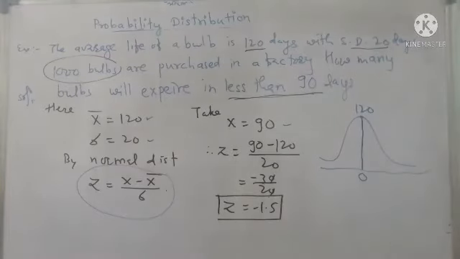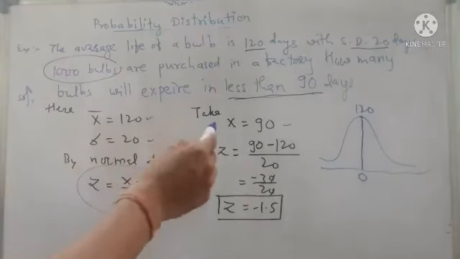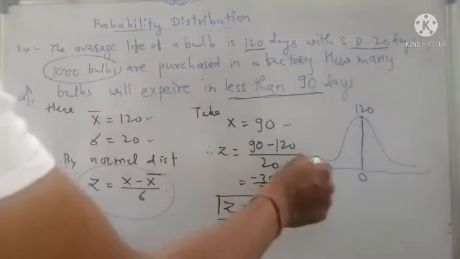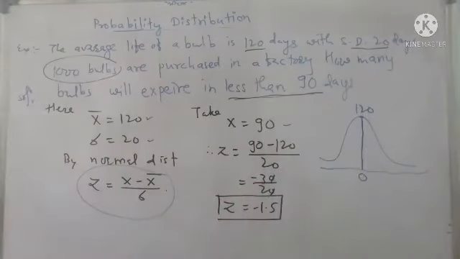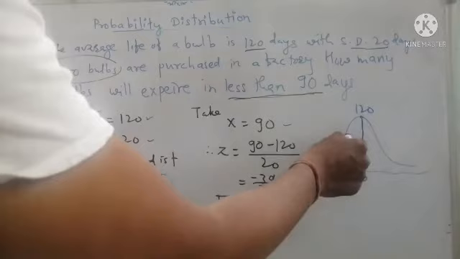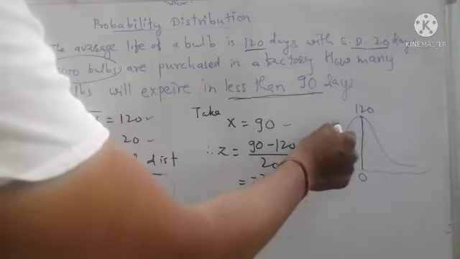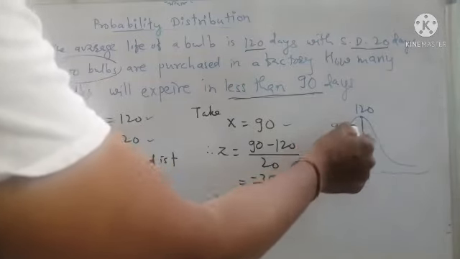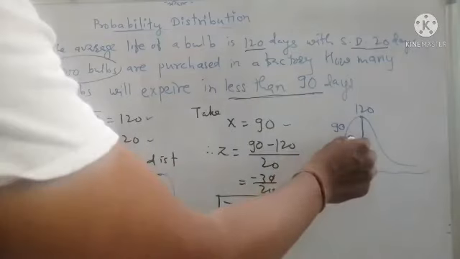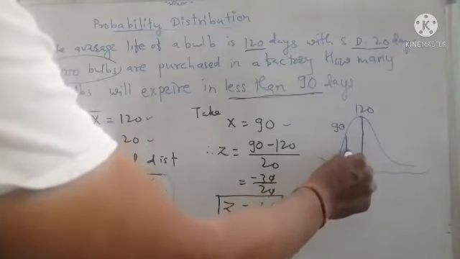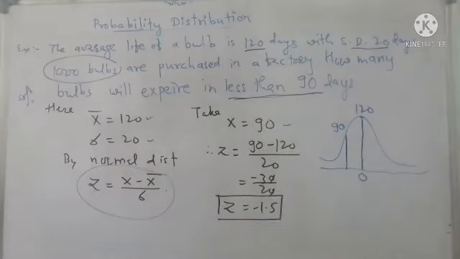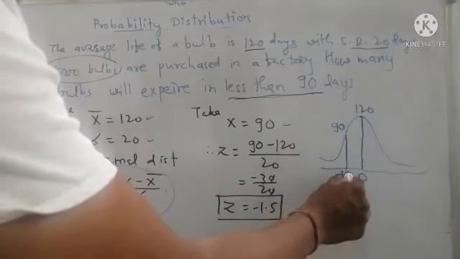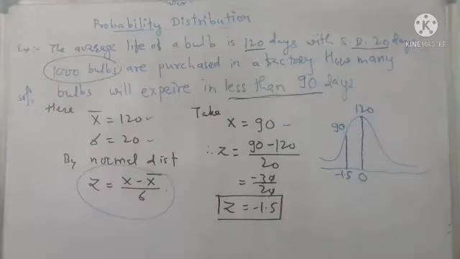Now in this example we take a random variable as 90, so we take 90. As we know 90 is less than 120, it may occur here or at any position on the left hand side of this 120. Corresponding to this 90, we get the value of the normal variable as minus 1.5, so I put here minus 1.5.